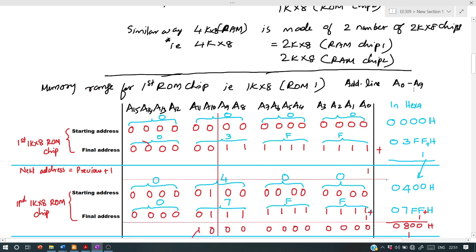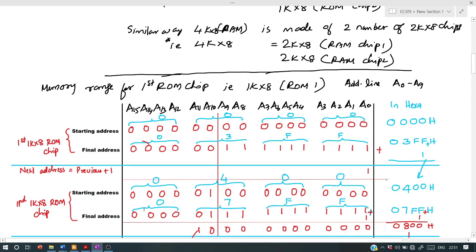In a 1K ROM chip, the accessible address lines are only A0 to A9. Finally, all bits from A0 to A9 become 1. That is the final address corresponding to the second 1K into 8 ROM chip.